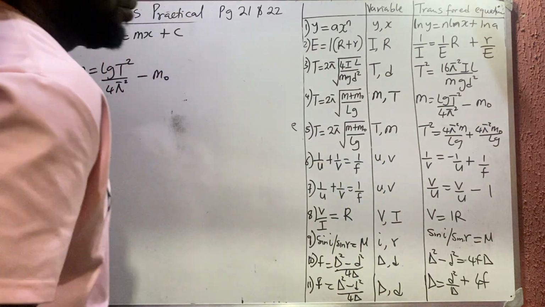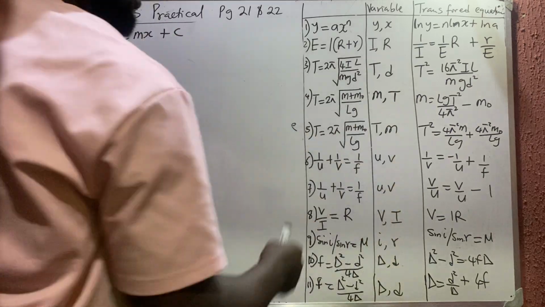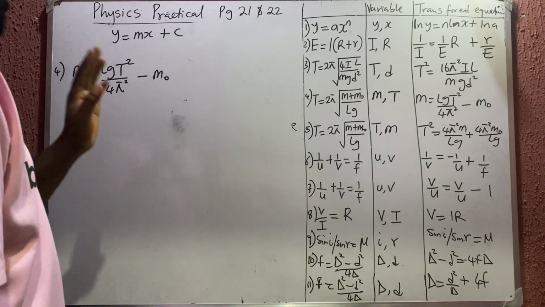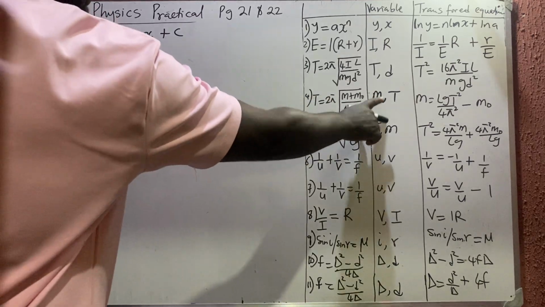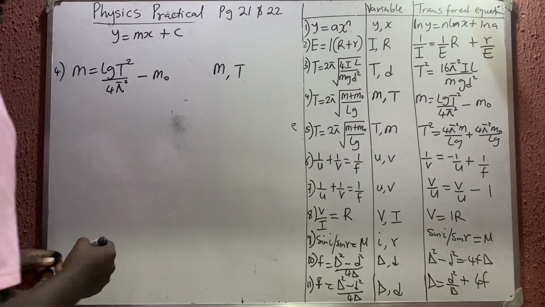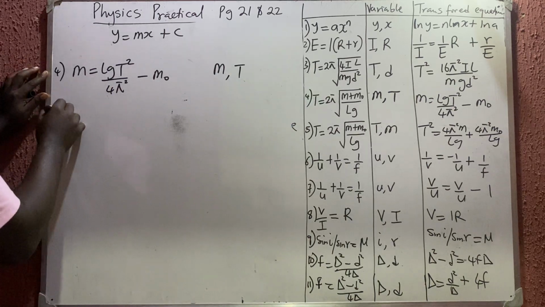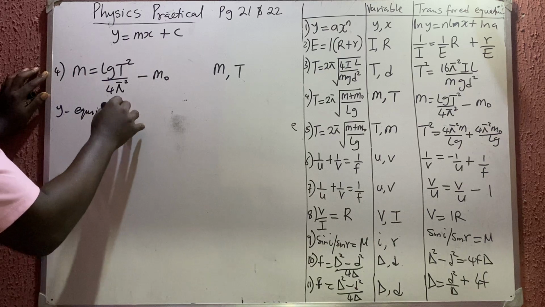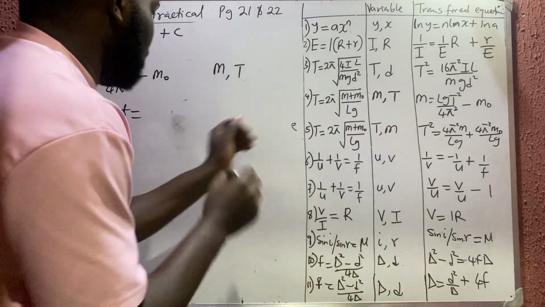m comma t. But if you want to make it t comma m, then you have to make t subject of the formula first. So let me solve this in 2 ways. If it is m comma t, you will ask the lecturer, so you know the one you're writing. If it is m comma t, then your y equivalent is simply what? This your m.